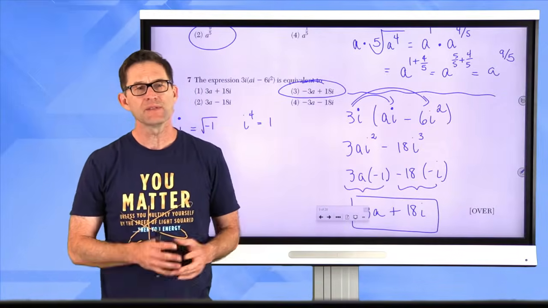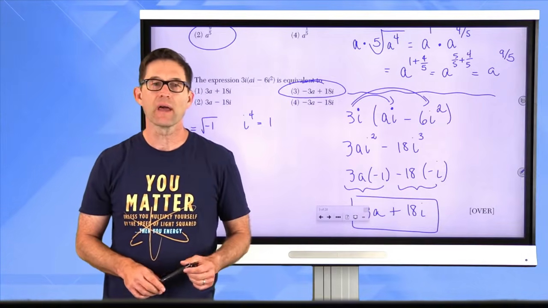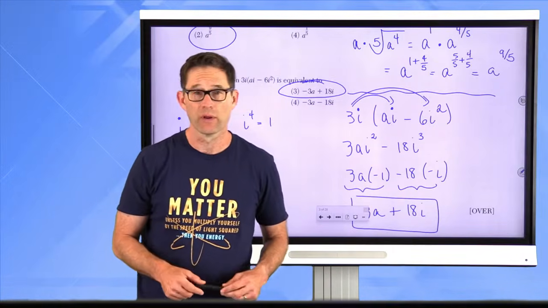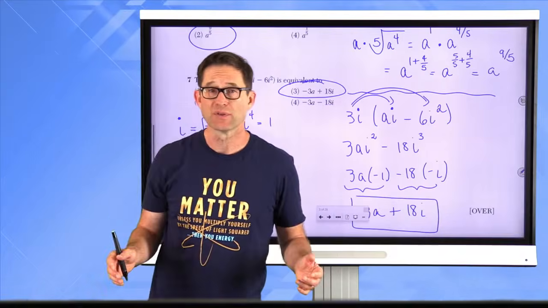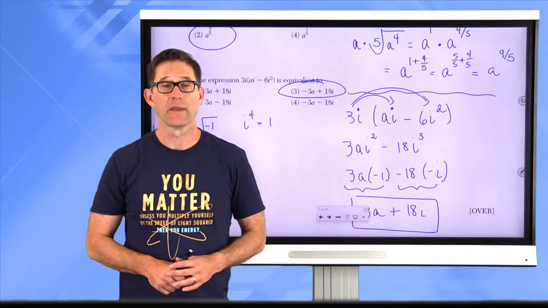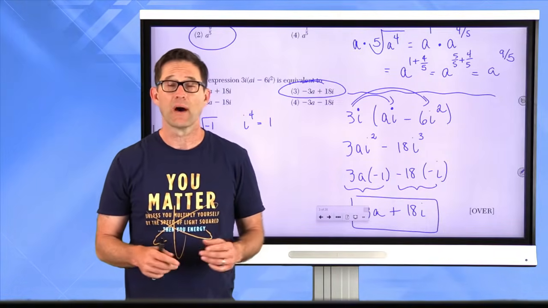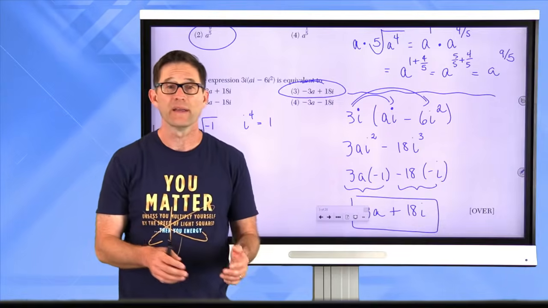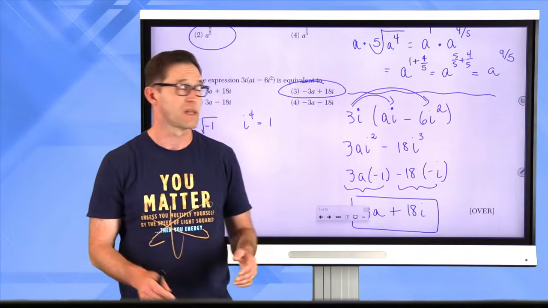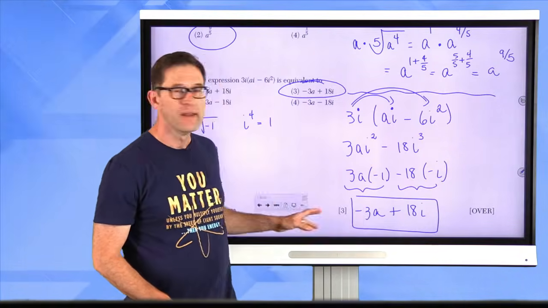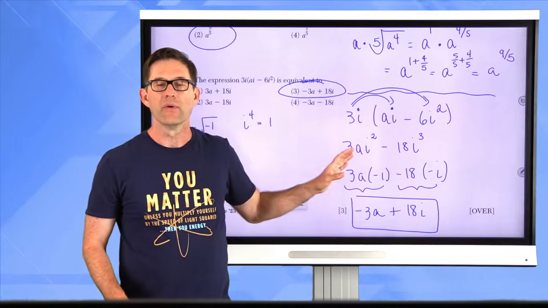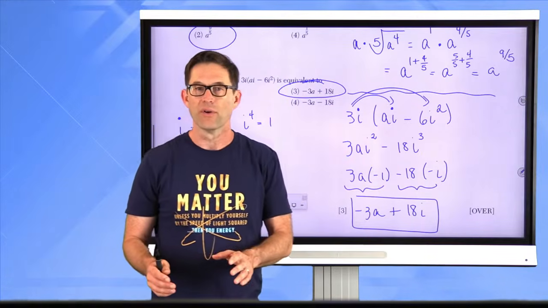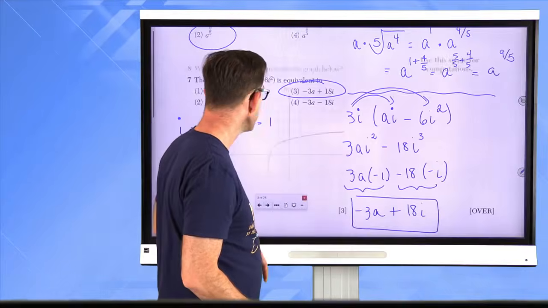Again, this one's a little bit tricky because obviously your calculator can do a lot of arithmetic for you in terms of imaginary numbers. All of the modern graphing calculators have i on it, and you can put it into complex mode, and you can have it tell you what i squared is and i cubed and things like that. But that a being thrown in here makes it a little bit more difficult. Okay, let's keep going.